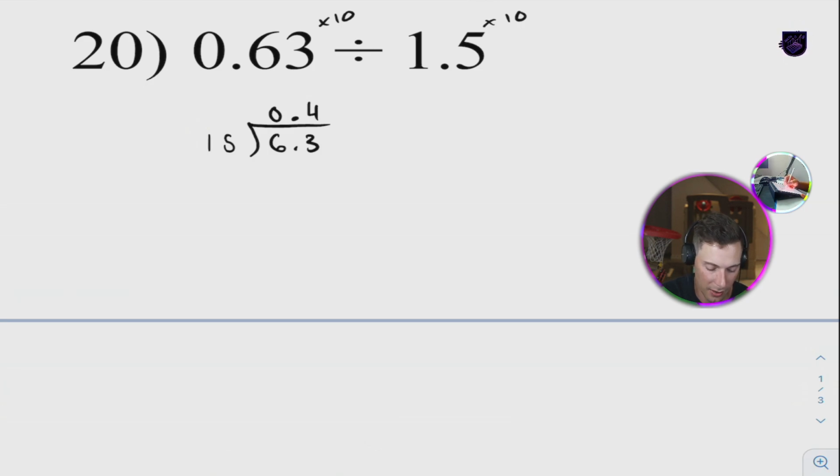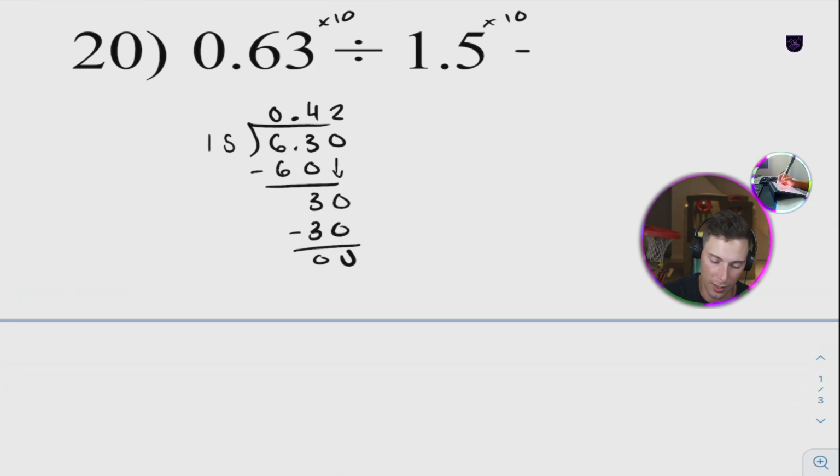And it goes to exactly 60, leaving us with 3. Drop down the 0. 15. I was saying 16 before, but 15. 15 goes into 63 4 times to make 60. 15 goes into 30 2 times to make exactly 30. Our answer is 0.42.